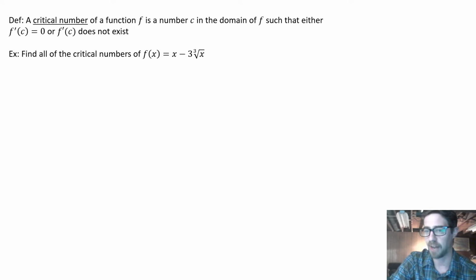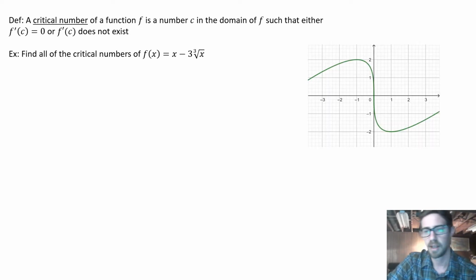I do want to look at the graph of this thing. You get the intuition that, okay, there's definitely a max at -1, right? There's definitely a min at 1. It looks like it. And there's definitely something happening at the origin. It's not a max or a min, but it looks like we've seen this before, a vertical tangent, like cube root functions can have.